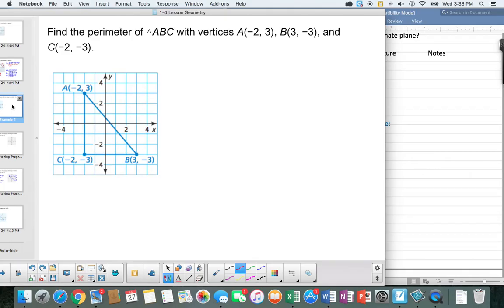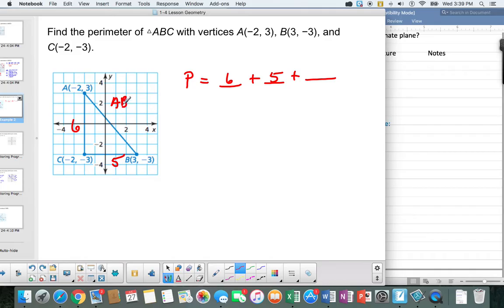Find the perimeter of triangle ABC with these vertices. So we'd like to find the perimeter, which means we've got to find 3 sides. We know that this length right here is 6, and this length right here is 5. To figure out this length, since it's already in a right triangle, I'm just going to use the Pythagorean theorem.